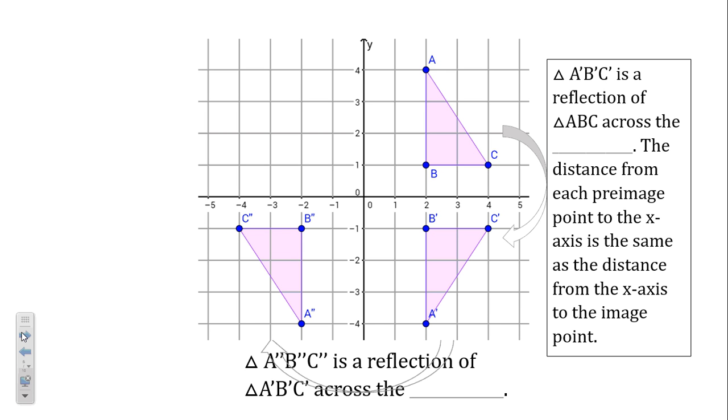C prime was 4 steps away from the y-axis, so C double prime will be 4 steps away. And lastly, A prime was 2 steps away, so A double prime will be 2 steps away. Does that make sense? You have to be the same distance away on the perpendicular. Okay? What questions do you have about this piece? All right, we're feeling good?